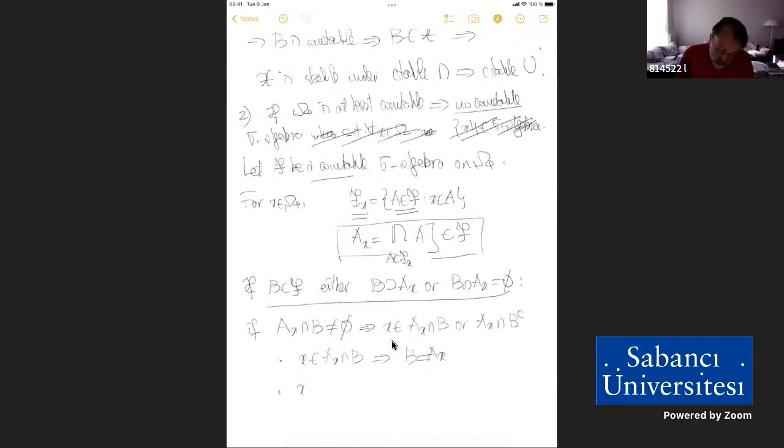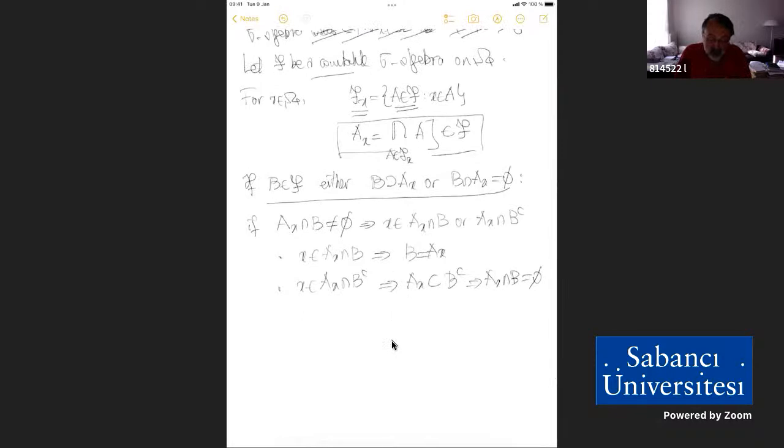If x belongs to Ax intersection B complement, well, since Ax is the smallest set containing x, this implies that Ax is a subset of B complement. Hence Ax intersection B is empty. So this settles the problem. It means that you take any measurable set B, then it is either a superset of Ax or they have disjoint intersection. This is a little bit tricky. You have to be careful.